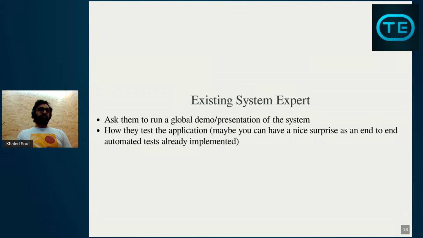Sometimes, and it's a nice surprise, they create some kind of automated or semi-automated testing that they run locally to check that the application is good and everything is working well.